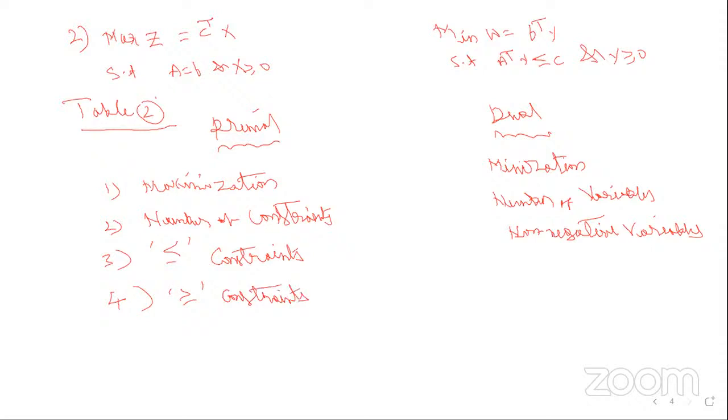Equal to constraints correspond to unrestricted variables.